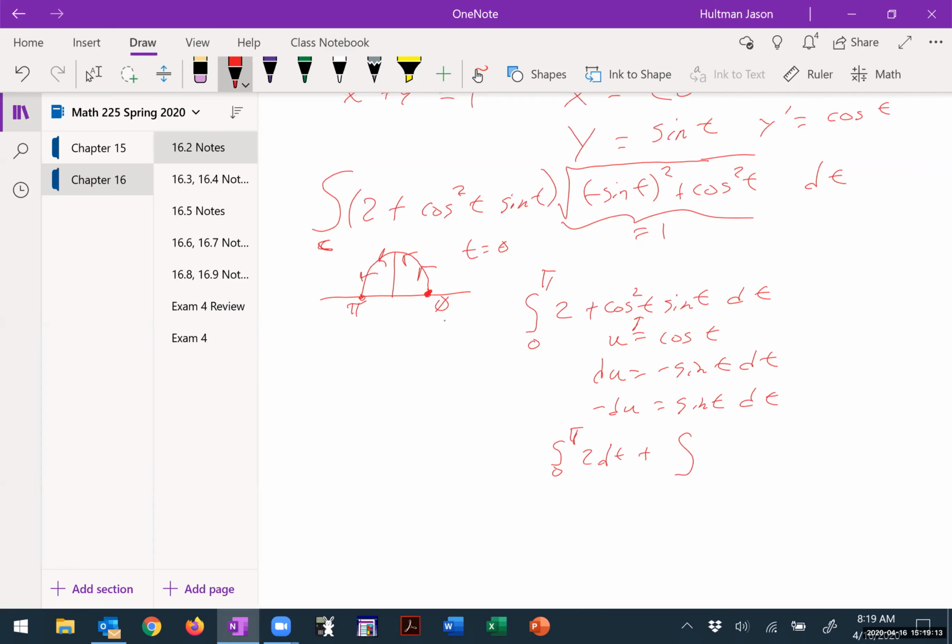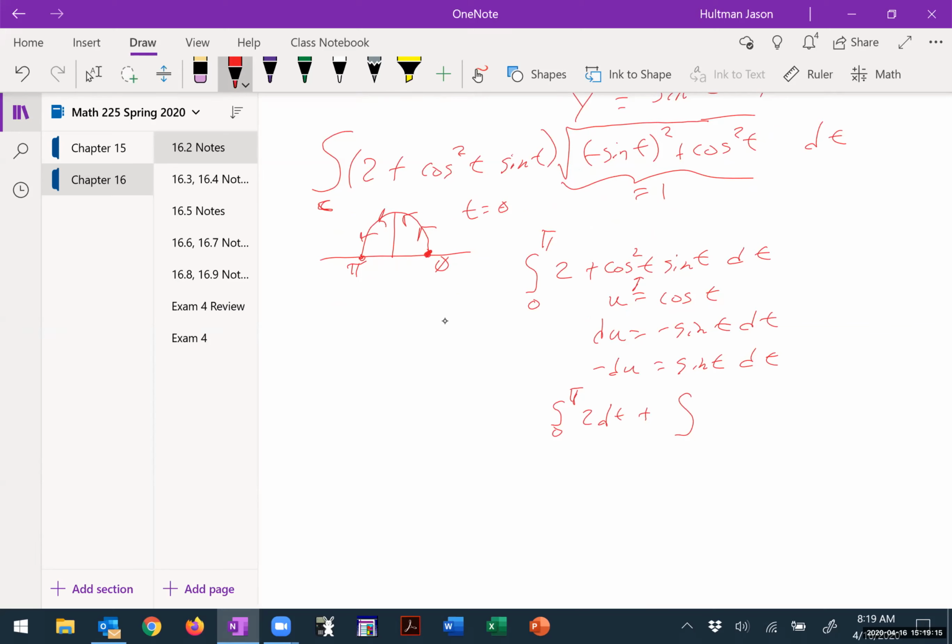I can either transfer my limits of integration now, or I can turn it back into t's at the very end, undo my substitution, and leave it as 0 to pi. I'm going to transfer my limits now. So u of 0 is equal to 1, and u of pi is equal to negative 1. So this really is going from 1 to negative 1 of u squared.